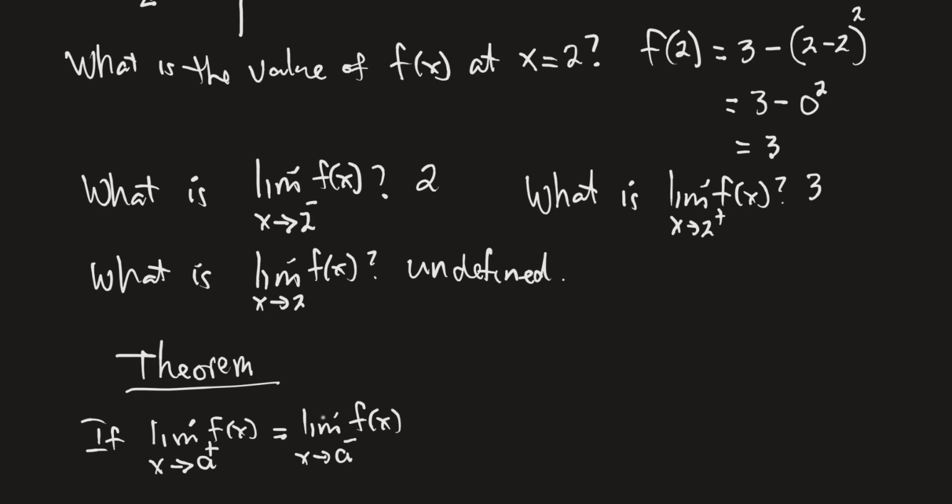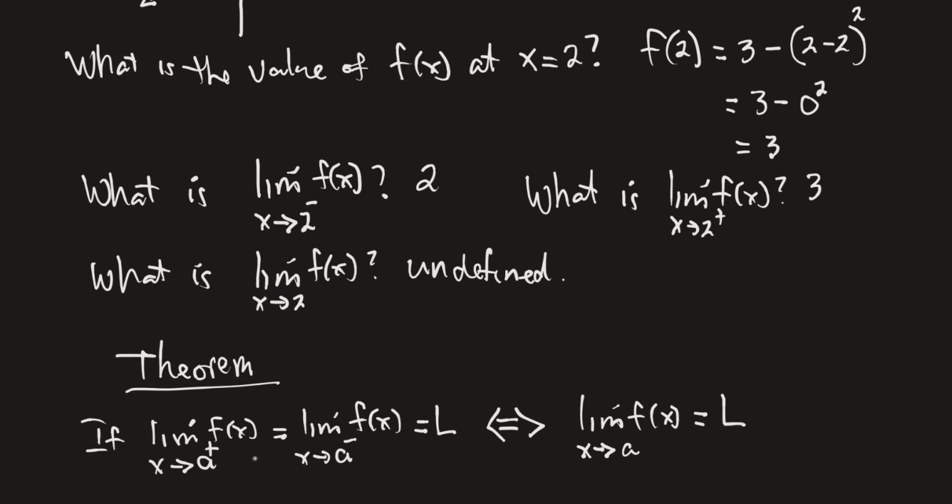If the limit of this function from the left is the same as the limit of this function from the right, and let's just give it a symbol L, if this is the case, then what we can say is that the two-sided limit has to be the same, right? So we can drop the plus or minus here, and then that's equal to L, right?